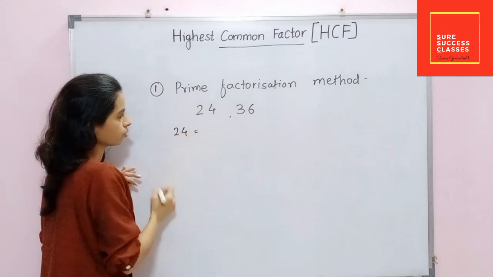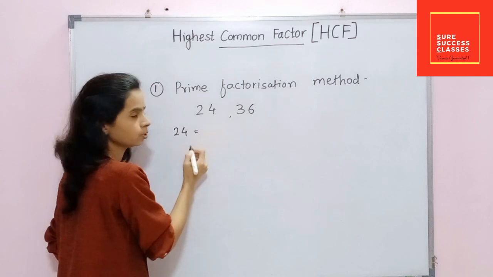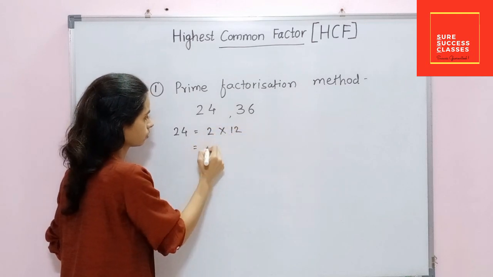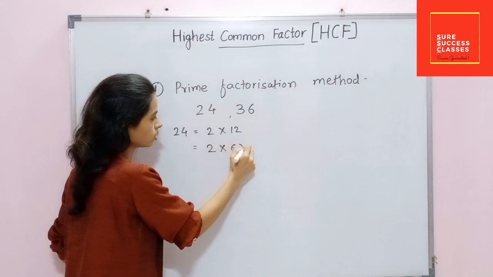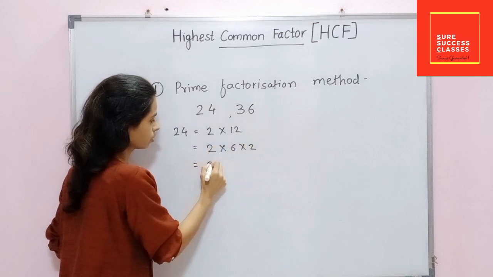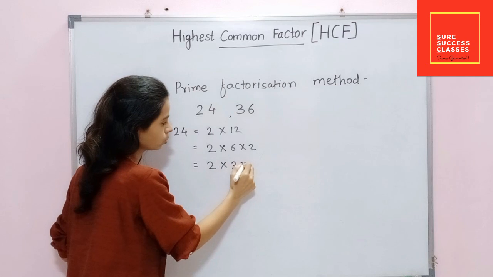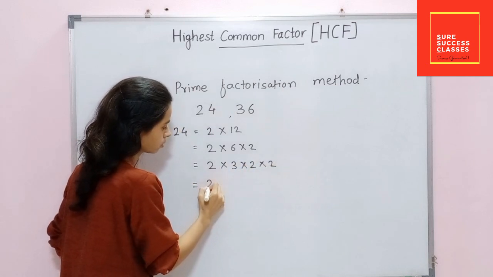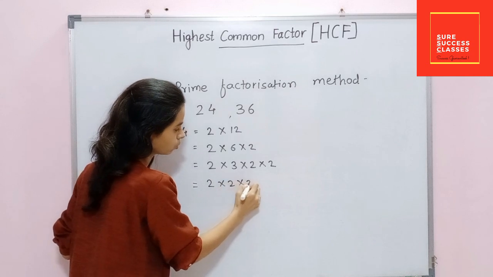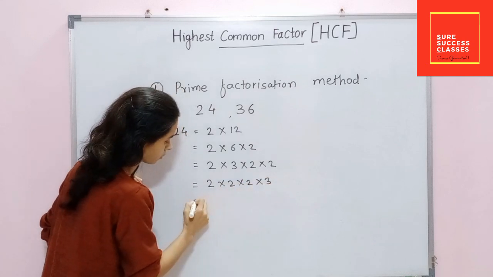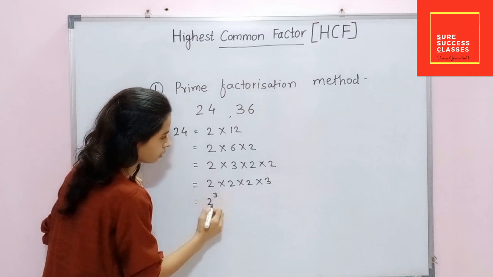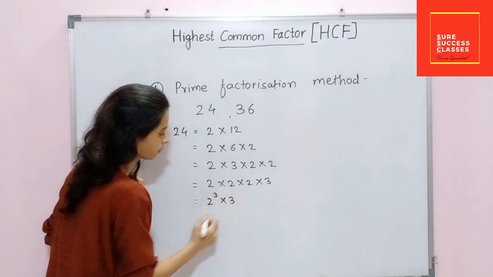Prime factors of 24: 2 twelves are 24, 2 into 6, 2 sixes are 12, 2 into 3 into 2 into 2, means 2 into 2 into 2 into 3. In index notation, we will write it in this way, 2 to the power 3 into 3.